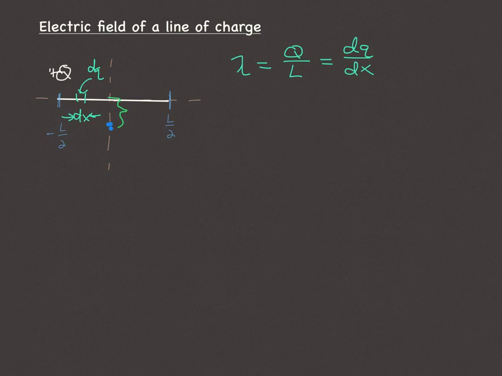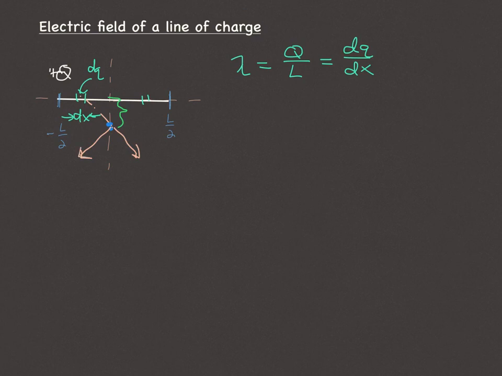Now that small packet of charge is going to contribute electric field that would be along a straight line to that point in that direction. And if we take a section that is about the same distance away on this side, that's going to contribute field in a straight line direction pointing that way.